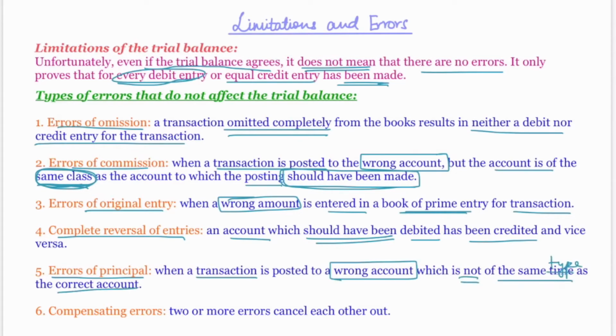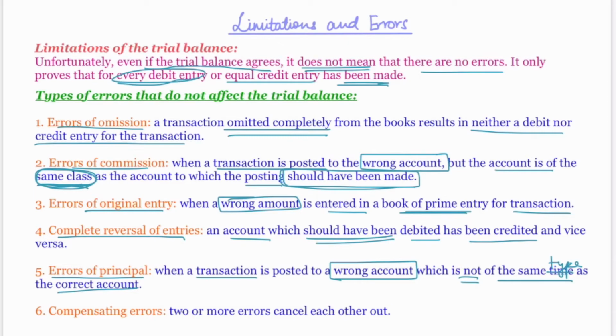For instance, the payment for petrol for a vehicle has been debited to motor vehicles account, that is a non-current asset account, instead of to a motor vehicles running expense account, that is an expense account.